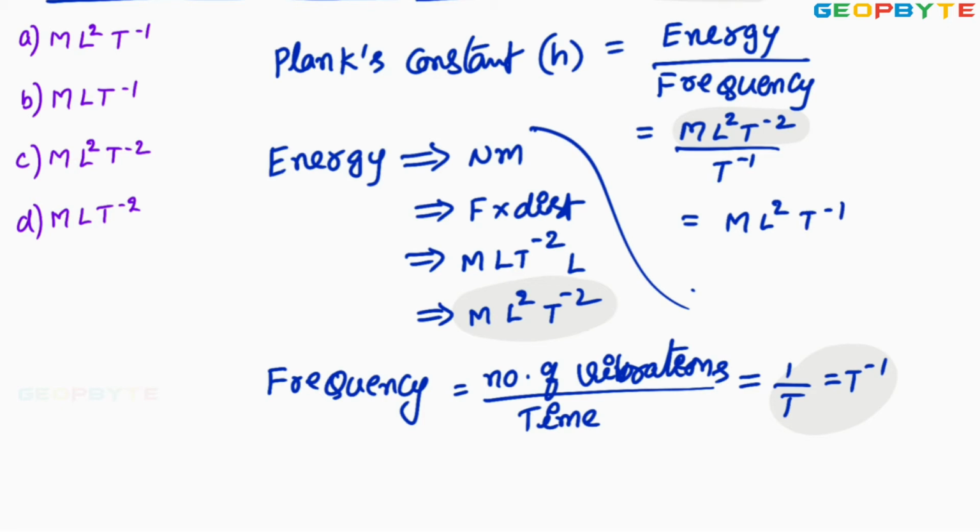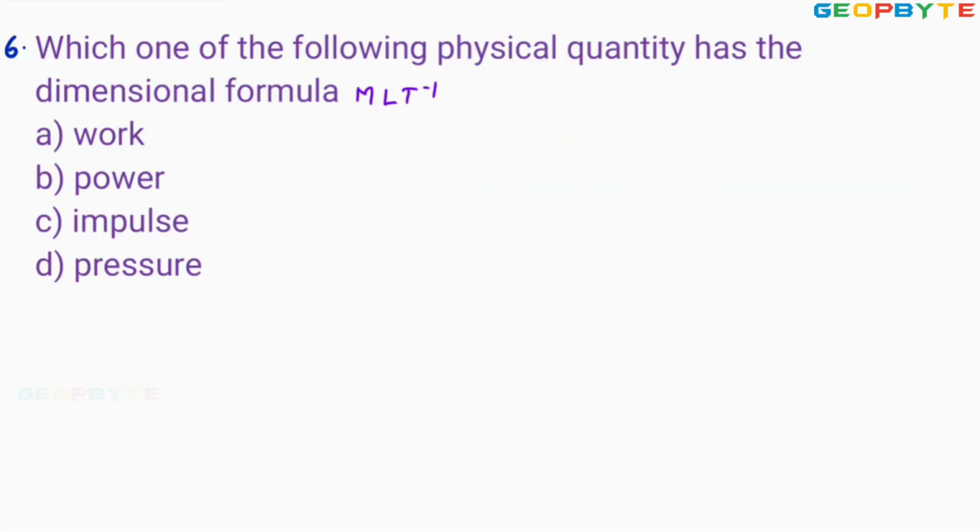Therefore, the Planck's constant h dimensional formula is M L square T power minus 1. Look at the option A, M L square T power minus 1. Option A itself is absolutely correct. I hope all of you clearly understood. Let us go for the next problem.